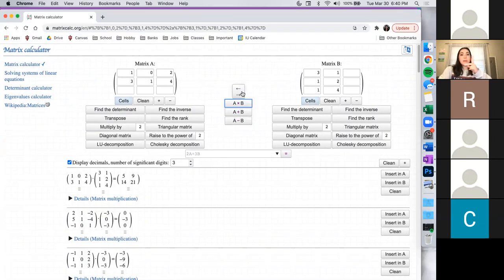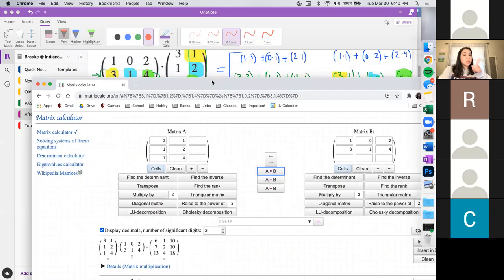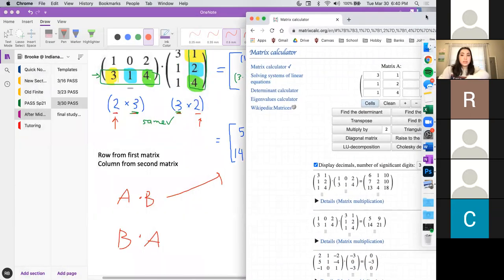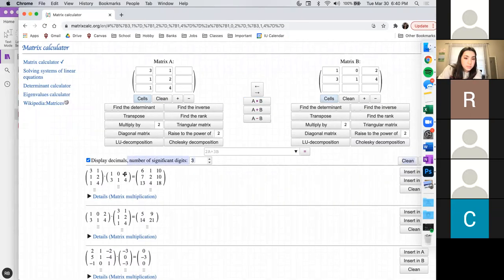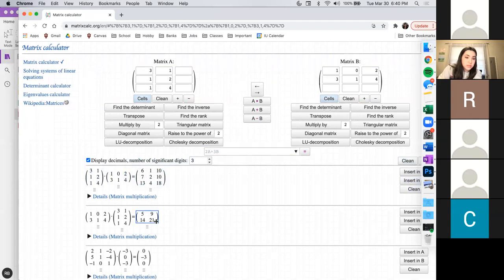This button will flip flop A and B, so you see they just kind of flip flop back and forth. If I tried to do it now, you can still do it, but it's giving me a 3 by 3. So here's the one that we just did, if you flip flop them, versus the one we did by hand. So you can see that they're very, very different answers, which is why it's important to not flip flop and move around any matrix multiplication, because we get different answers.